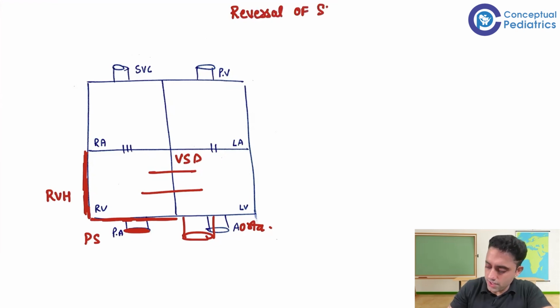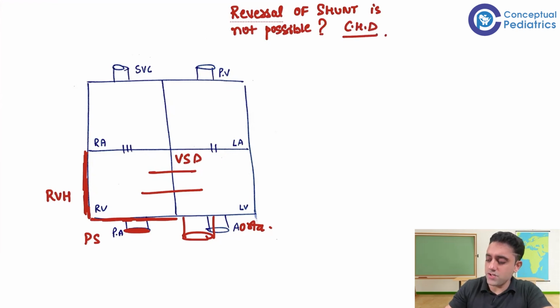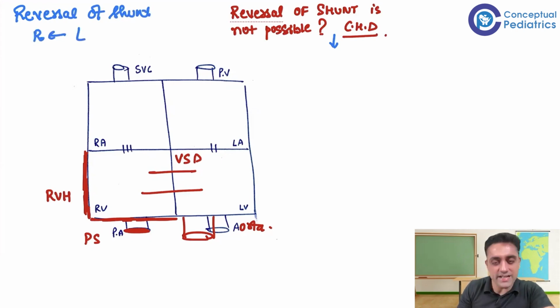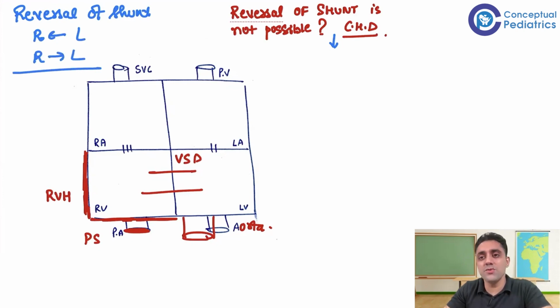Reversal of shunt is not possible in which congenital heart disease? Now, what is the meaning of reversal of shunt? It means something that in the beginning was left to right and over a period of time became right to left.